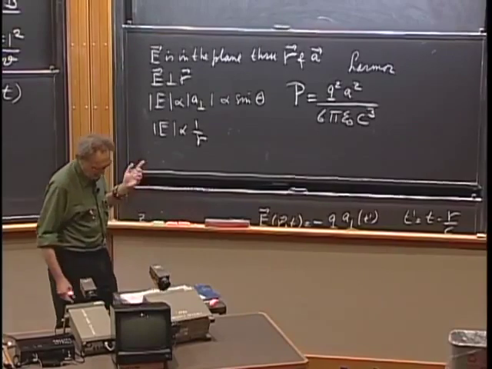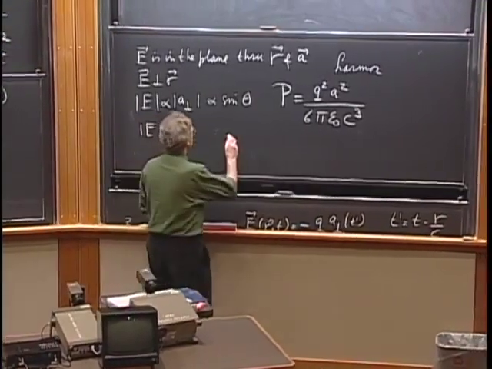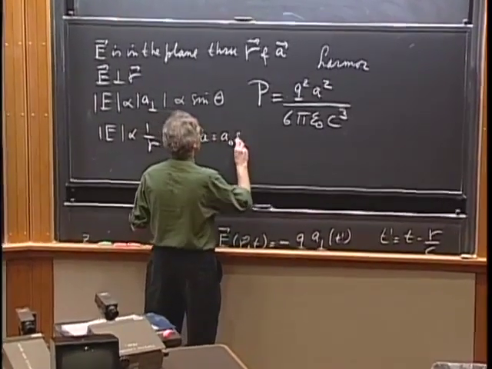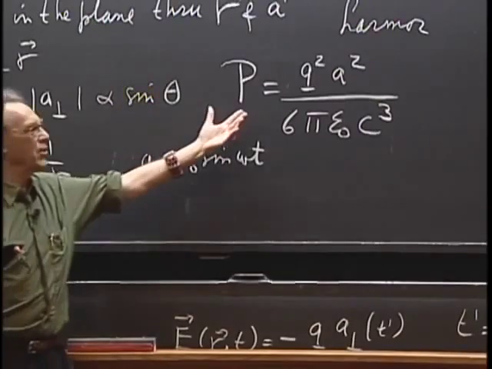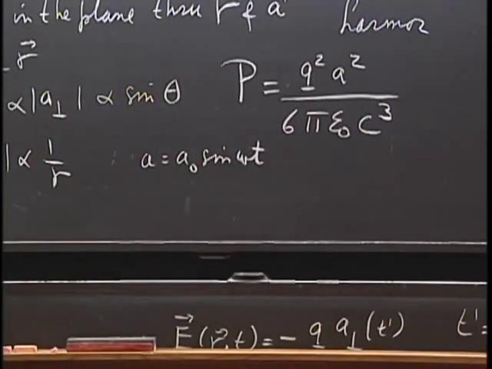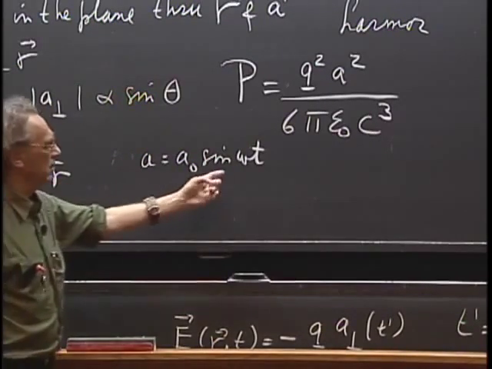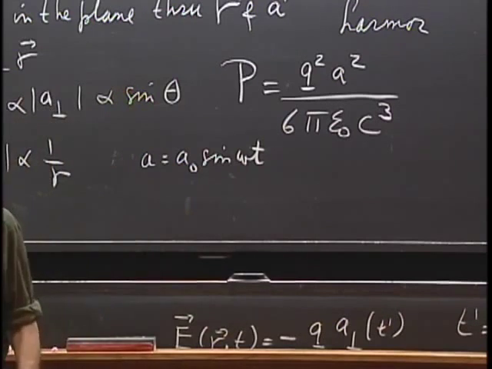Now, if A is oscillating, if A is A0 sine omega t or cosine omega t, then you can calculate the mean value of the power during one oscillation, and the average value of sine squared omega t then becomes 1/2, of course.